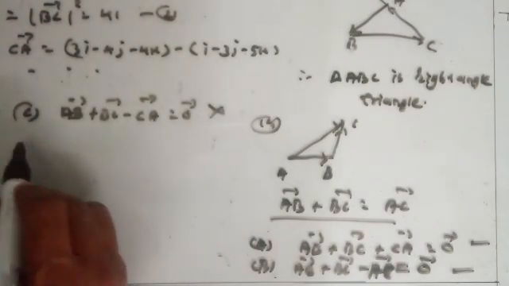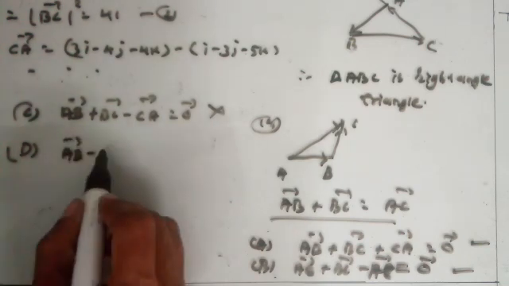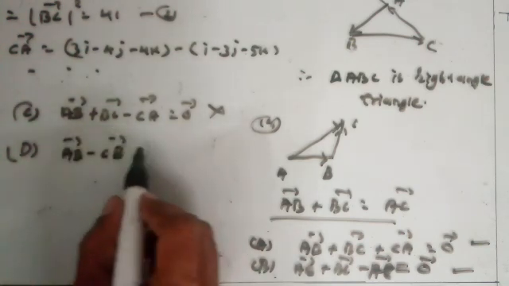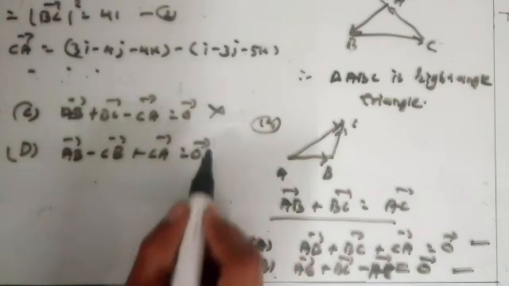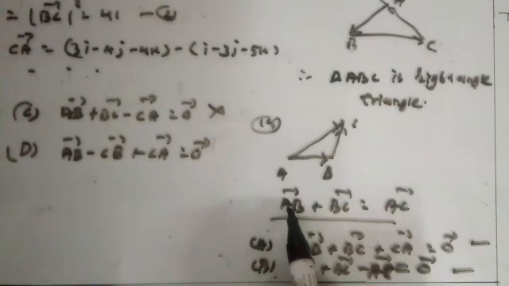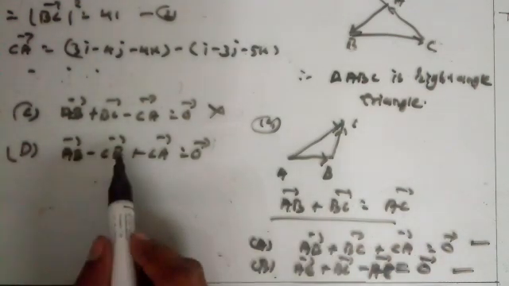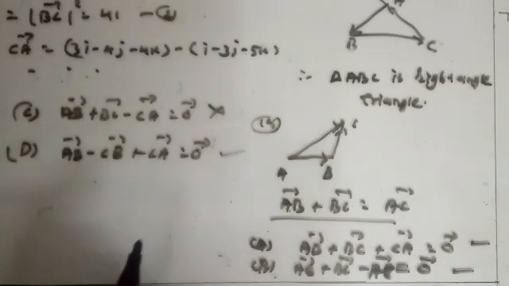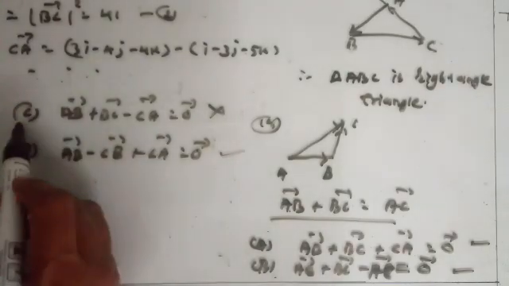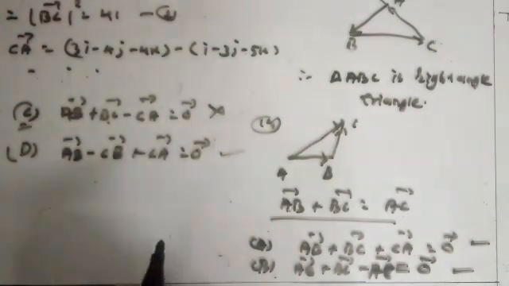And last, D: AB minus CB plus CA is equal to the 0 vector. Here AB plus BC, BC can also be written in the form minus CB, plus CA equal to 0. This is also true. So only C, AB plus BC minus CA, is false.